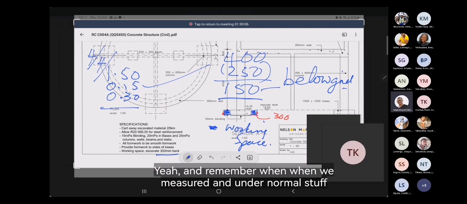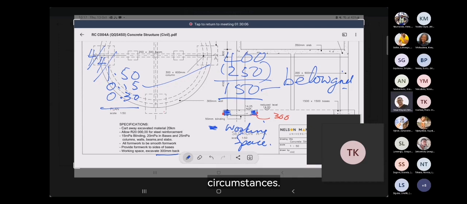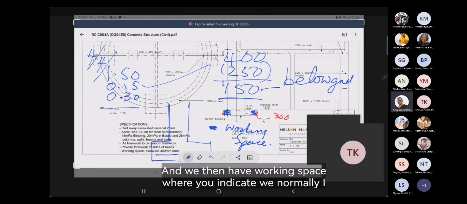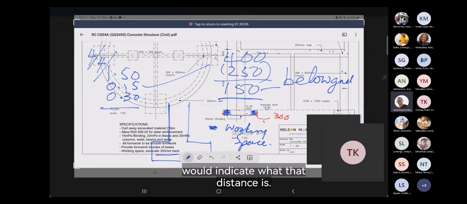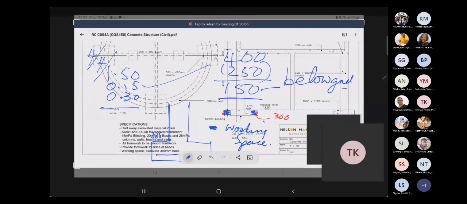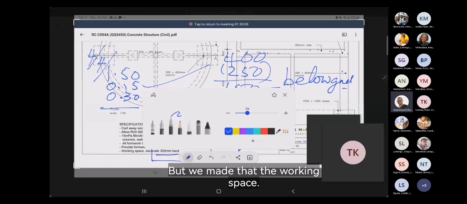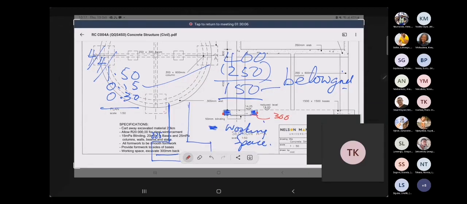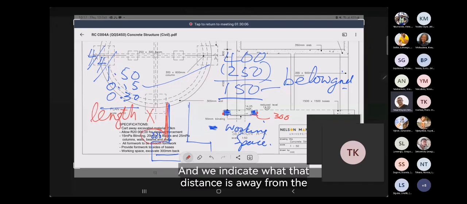Okay? And remember, under normal circumstances, if we have a structure and we then have working space, we normally indicate what that distance is. We measure the working space, then multiply by, and we indicate what that distance is away from the structure.